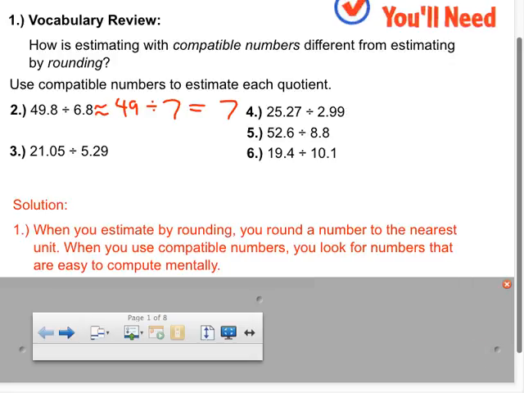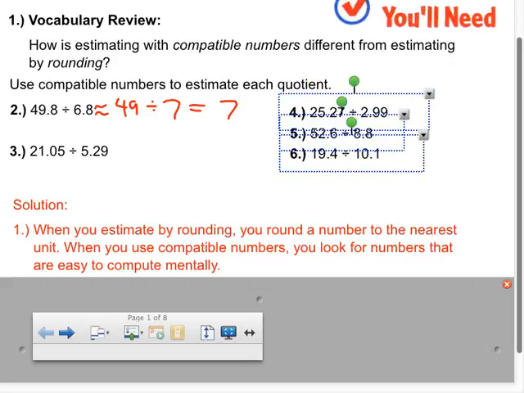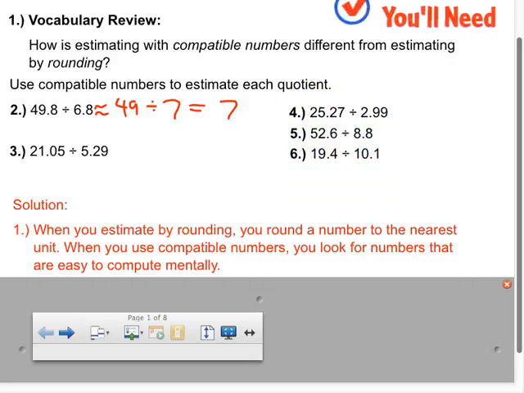So now that we've done one example, who can talk about number 3? Who wants to take a shot at number 3? Akeda. What are some compatible numbers we can use that are close to 21 and 5/100 divided by 5 and 29/100? 22 and 6.